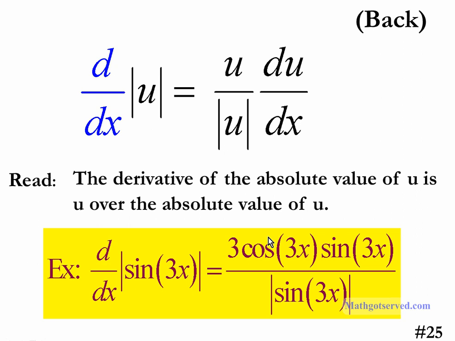So when you put everything together, you will have the derivative of the absolute value of sine 3x being 3 cosine 3x sine 3x over the absolute value of sine 3x. All right. This is an example of the application of the differentiation rule for the absolute value function.